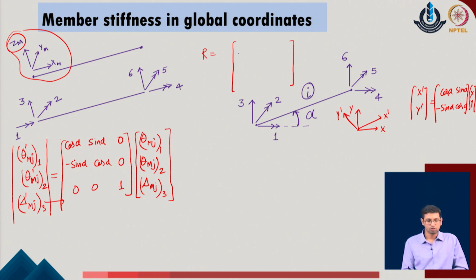The 0 0 1 typically describes that delta of M3, the z direction deformation which you are defining for the given member or for the given global system, are in the same direction. Whereas for the individual member coordinates, the two moment directions 1 and 2, when we come to the global directions of the system, are within the same plane but with a different orientation. That is why the same 2D representation which we were doing earlier will be utilized.